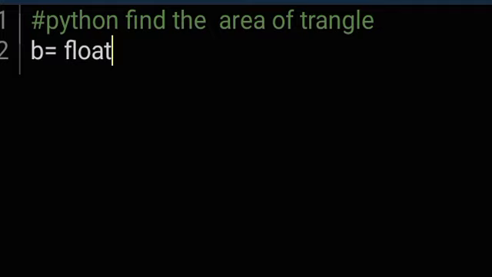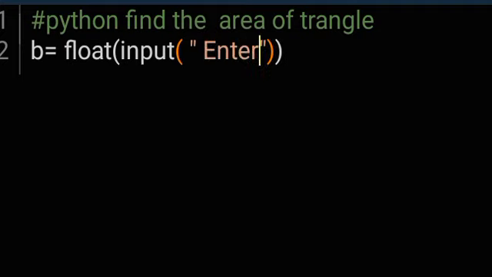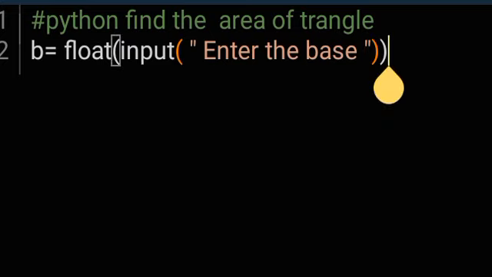Let's make it a float number, so that it enables us to enter both integer numbers and real numbers, to enter the base. So float will enable us to enter both real number and integer.